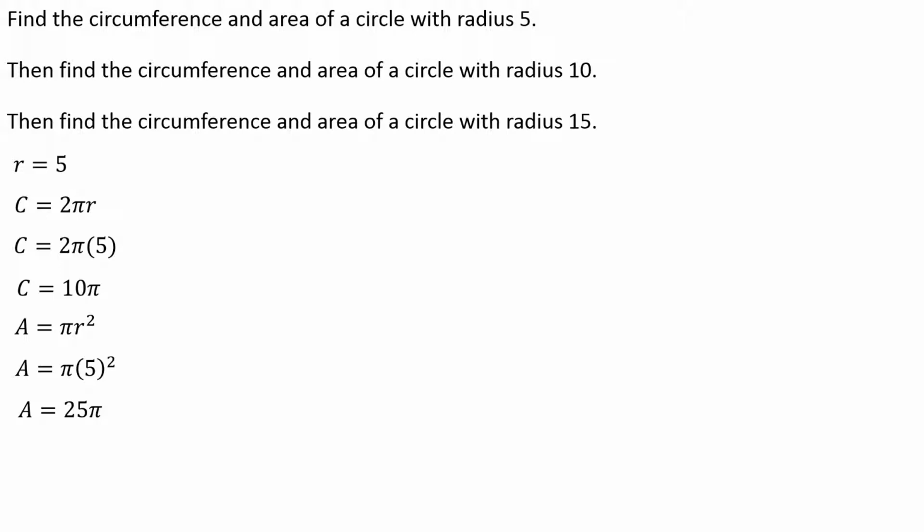Now, I want to do the same thing when the radius is 10. Let's find the circumference. 2 times pi times the radius. So, of course, that's 2 times pi times 10.